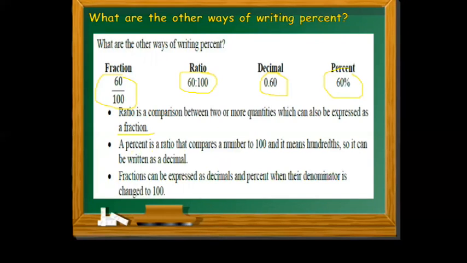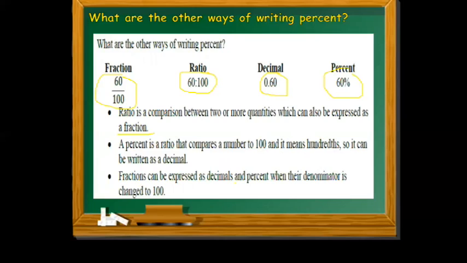A percent is a ratio that compares a number to 100, and it means hundredths. So it can be written as decimals. And fractions can be expressed as decimal or percent when their denominator is changed to 100. So pwede natin siyang gawing fraction, ratio, decimal, and percent sign.